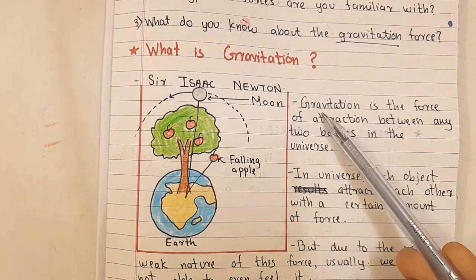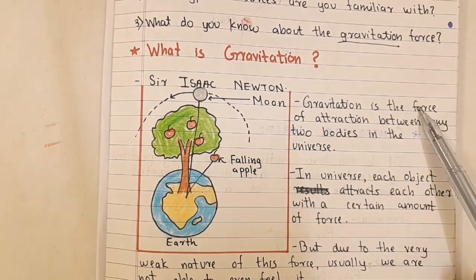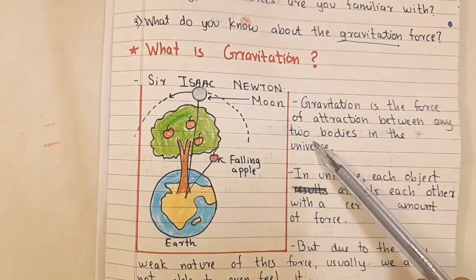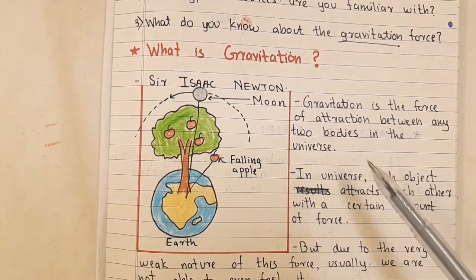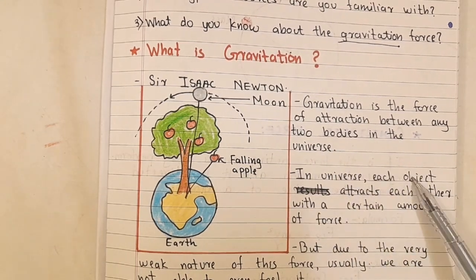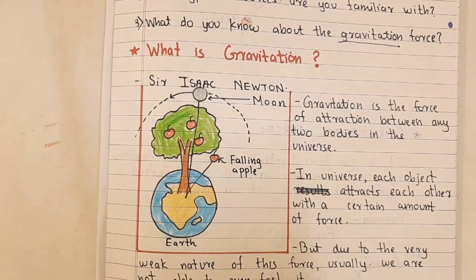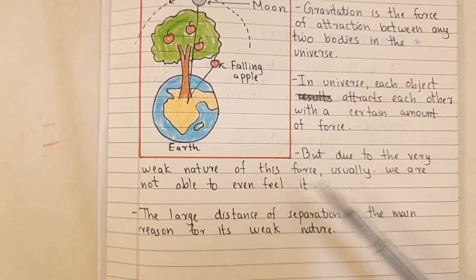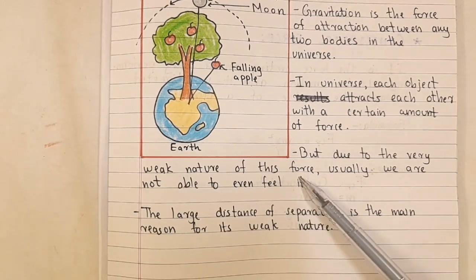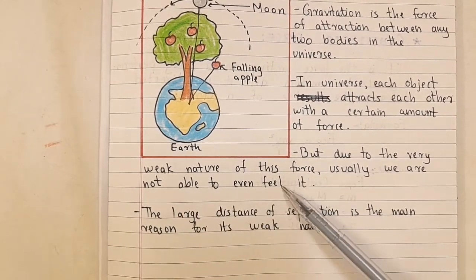This is gravitation. Gravitation is a force of attraction between any two bodies in the universe, and each object in the universe attracts every other with a certain amount of force, but due to the very weak nature of this force, usually we are not able to even feel it.